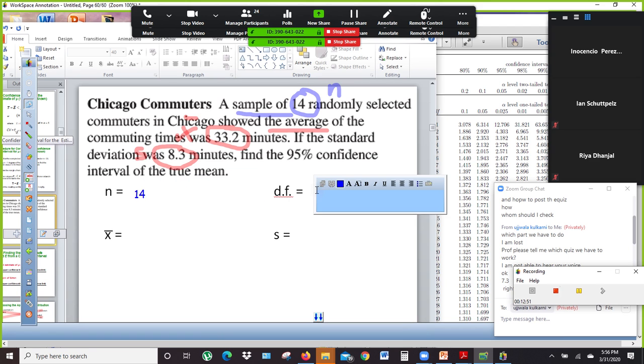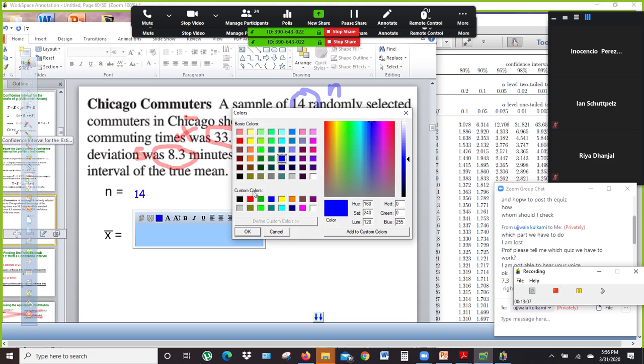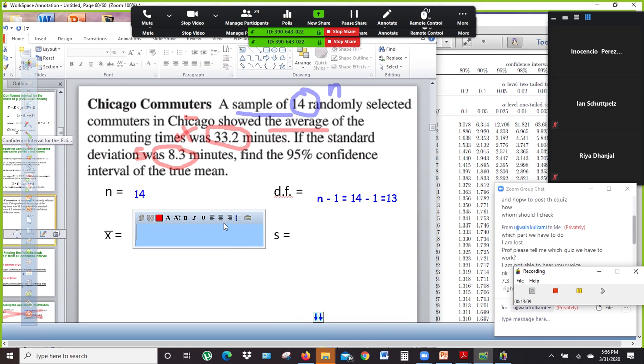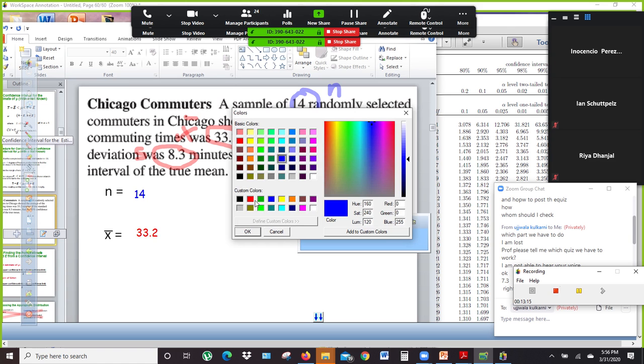And then my degrees of freedom is n minus 1, right? So that's 14 minus 1, or 13. And then my x bar, we said, was 33.2, and my S was 8.3.